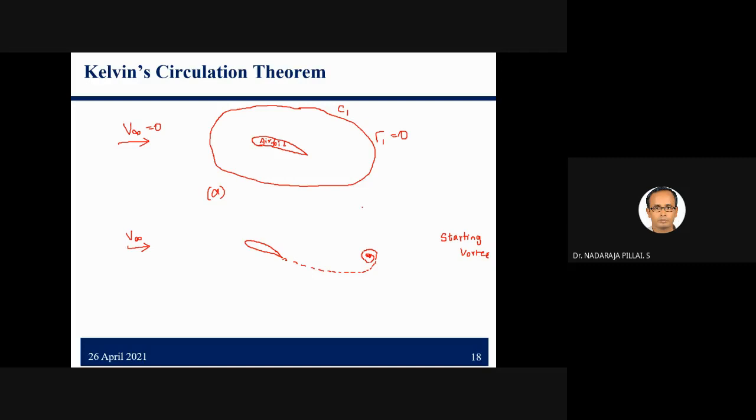Now let me draw a curve. Let me say this is the curve C2, and I divide this into two.